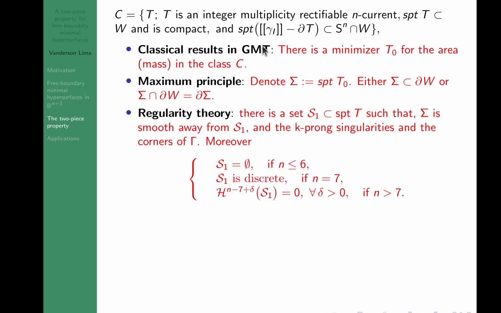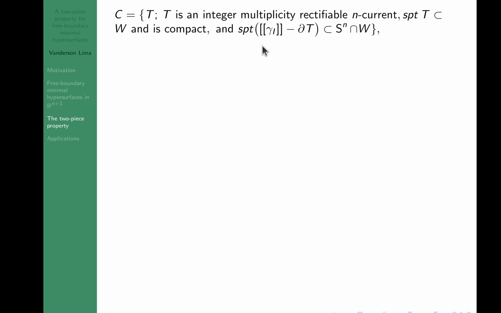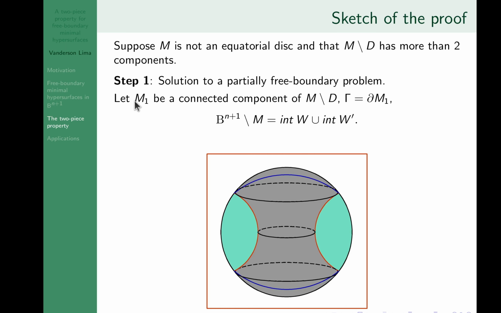First, there are a lot of types of singularities, and two particular cases of singularity we have to consider are the corners. A corner is a point where the fixed boundary meets the free boundary. So here on the picture, a point where the blue curve meets the red curve.